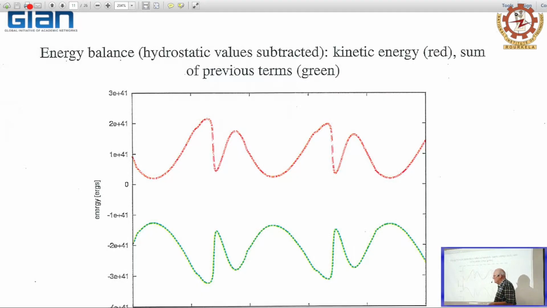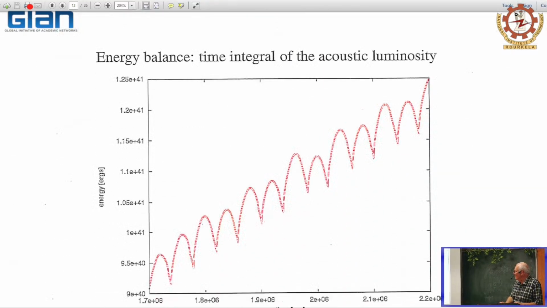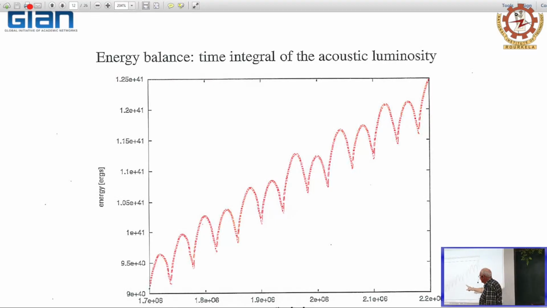And also the kinetic energy is 2 orders of magnitude smaller than the gravitational or the thermal energy. So if we sum up these two terms, then we have summed up everything except the acoustic energy flux. Well, then we have the following. The acoustic energy flux is a periodic function, but on the mean an increasing function.